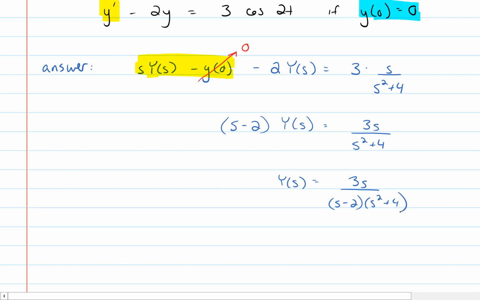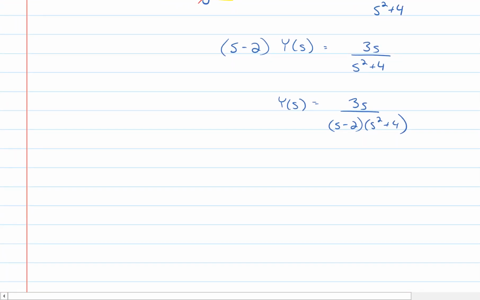Now, in order to do this, we're going to need partial fractions. So I'm going to just draw a little box. So partial fractions.